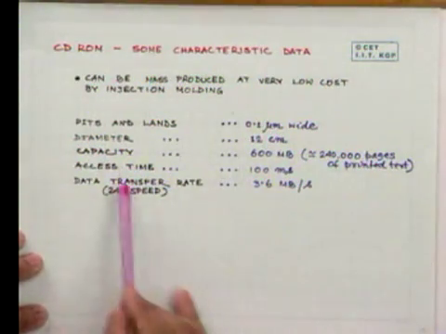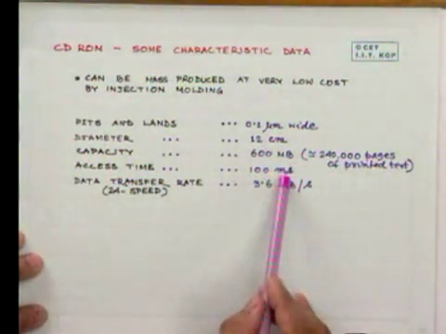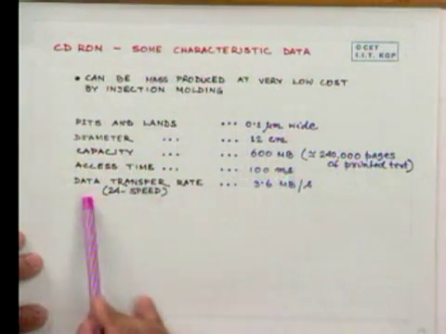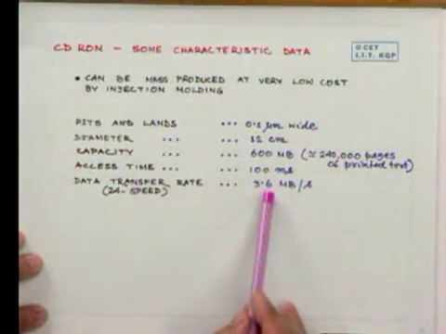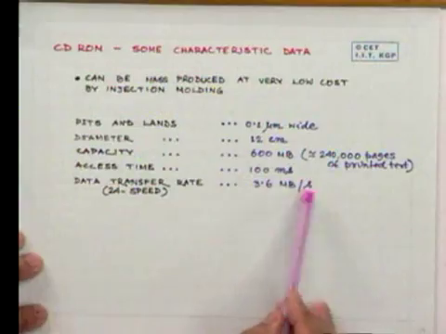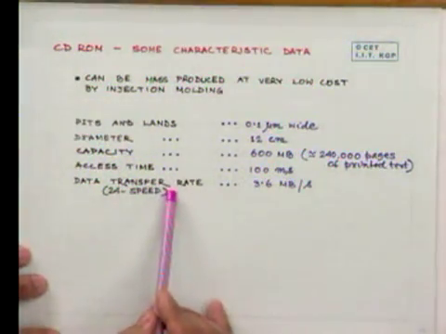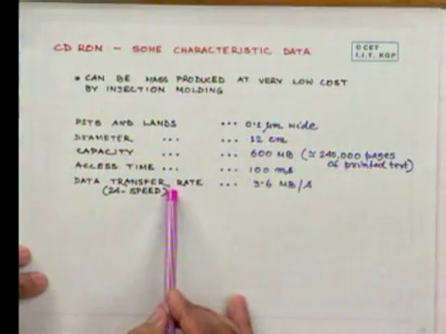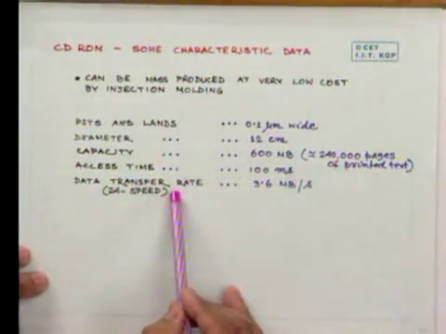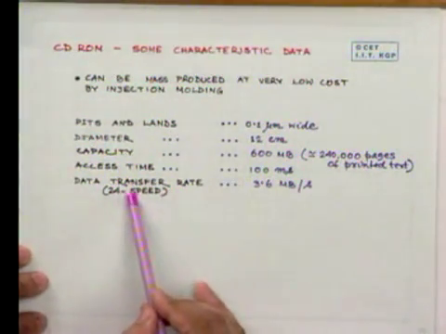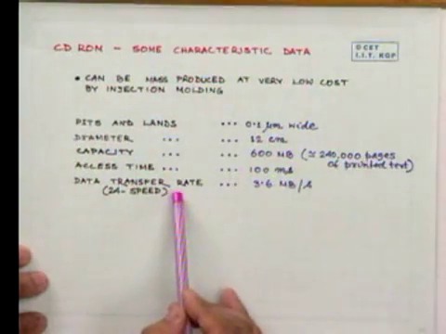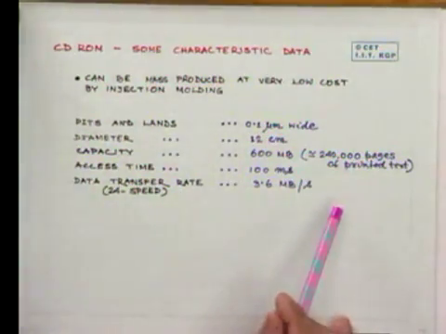Access time is 100 millisecond. Data transfer rate is 3.6 megabyte per second at 24 speed. As you know, the speed varies, and at present it's quite higher than 24. I think it's 32 or more than that.